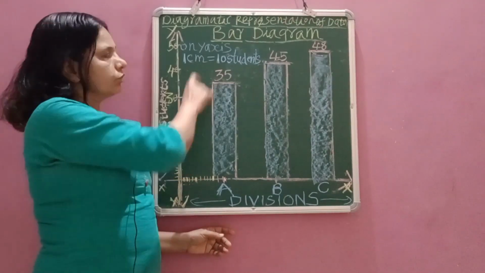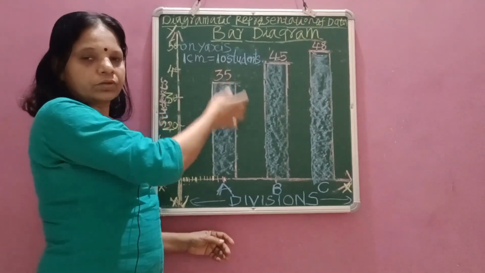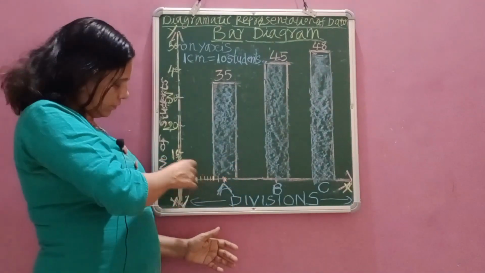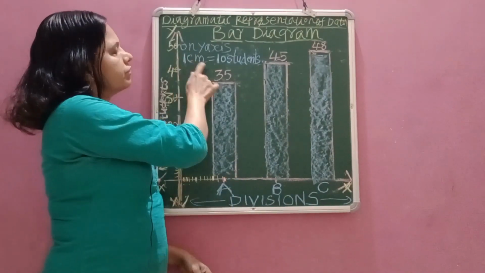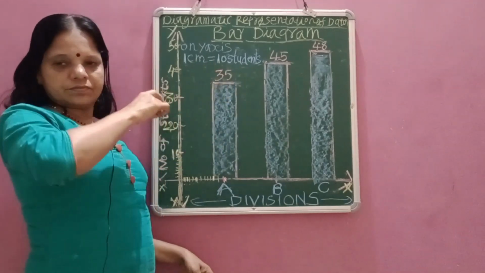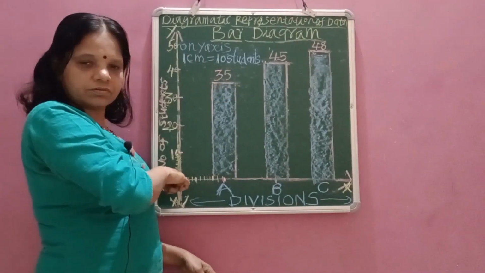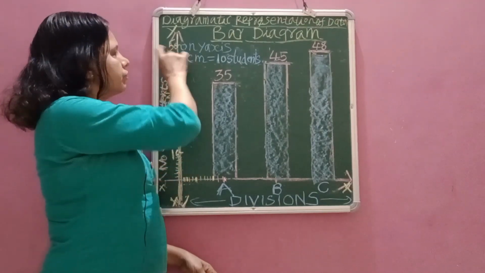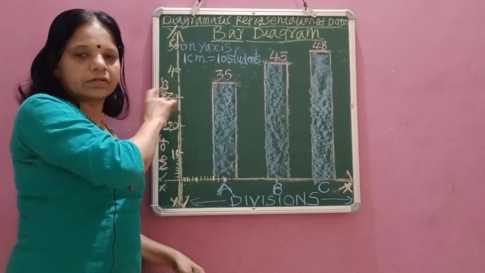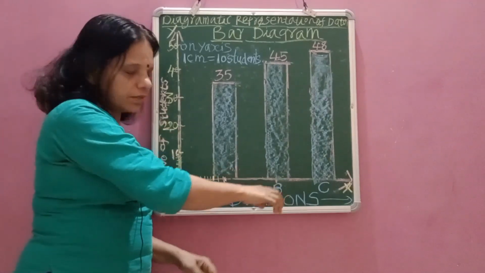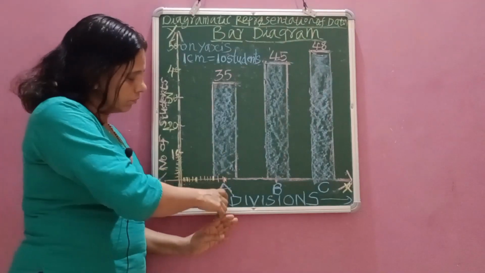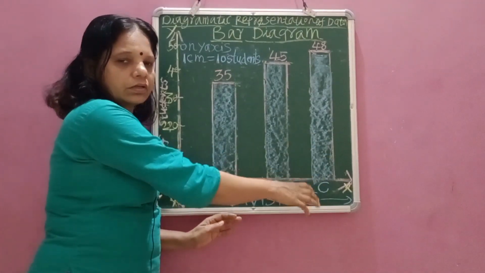The y-axis you have to calibrate using a convenient unit, any unit according to your convenience. I have taken 1 centimeter equals 10 students. So we mark on the y-axis 10, 20, 30, 40, 50, up to the maximum in the data. On the x-axis it is not necessary to take a unit but make equal gaps.